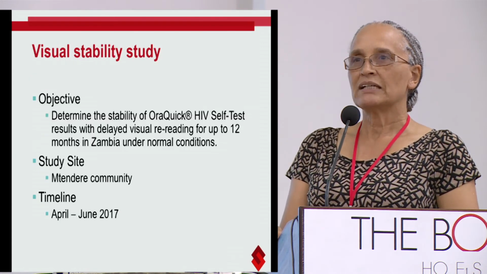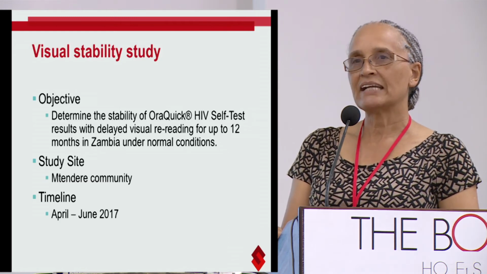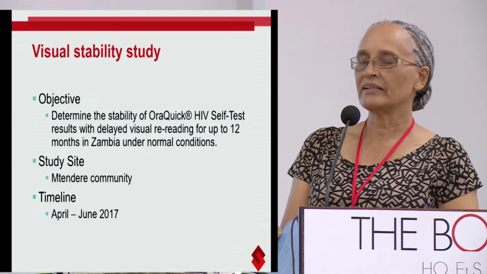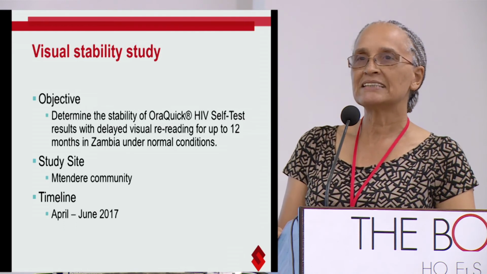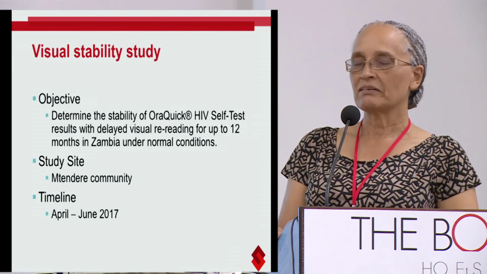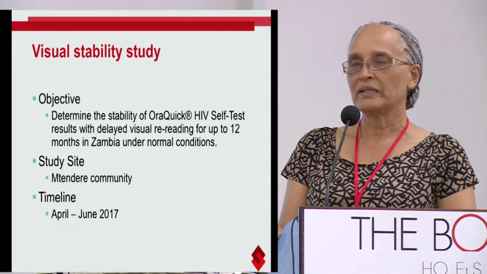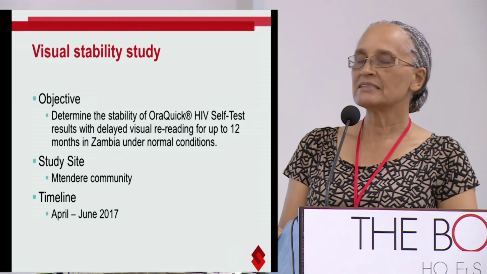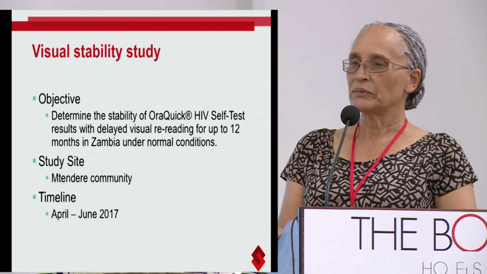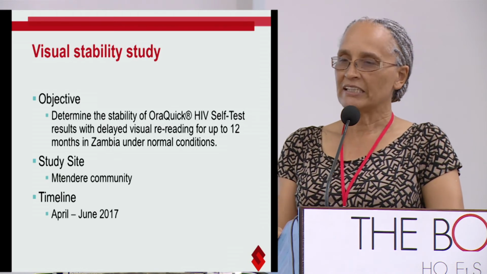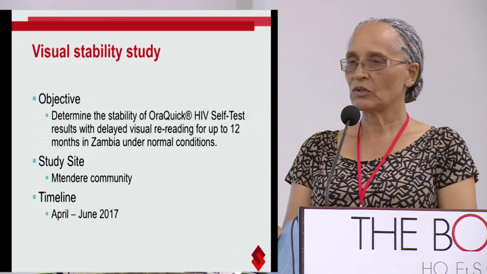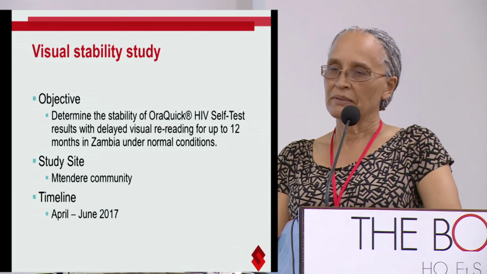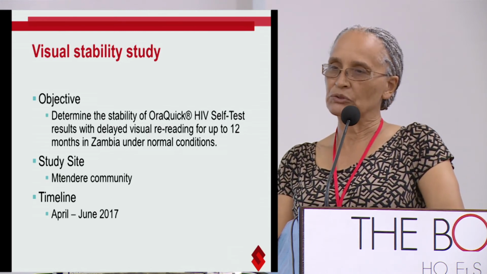We have also begun a visual stability study. This is a situation where the used test kits are kept at the clinic at ambient temperature, and we're beginning to do a rereading of these kits. We have this done mainly in the urban community testing, and we plan to do this between April and June.